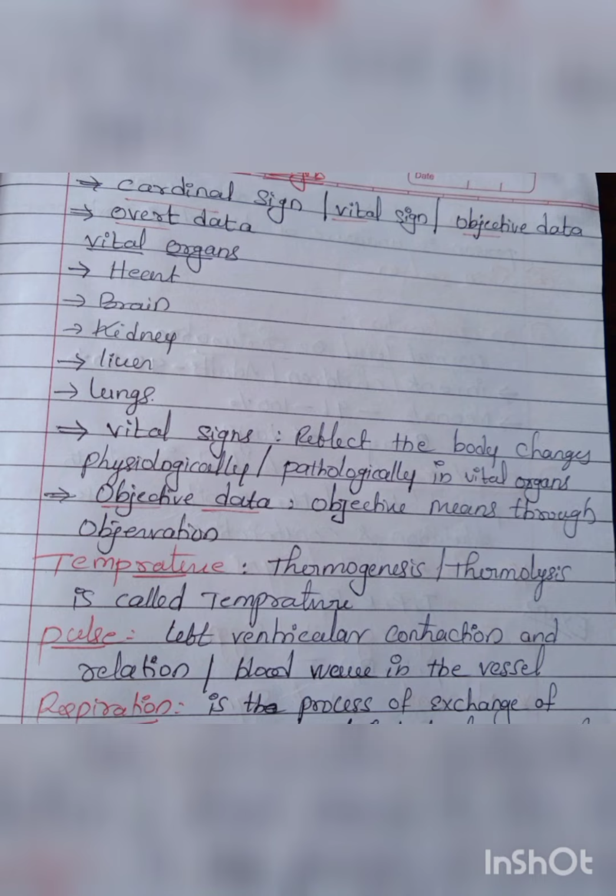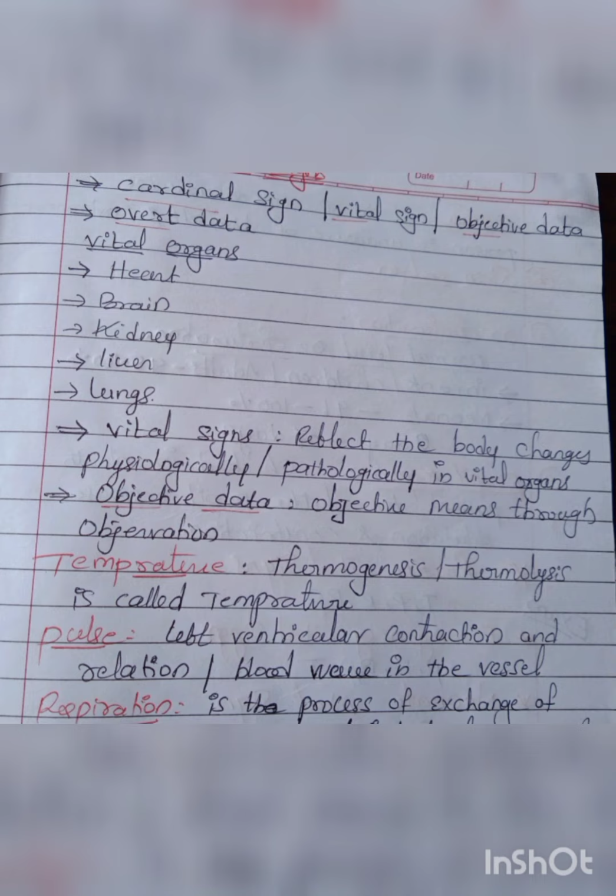Heart, brain, kidney, liver, lungs, even the musculoskeletal system and nervous system. If there are any pathological or physiological changes in these, they will be shown in the form of vital signs.